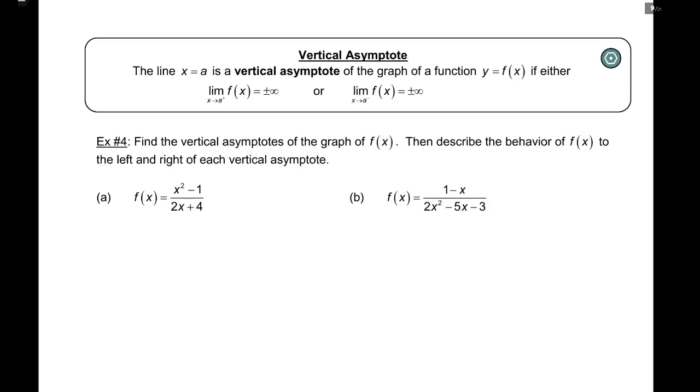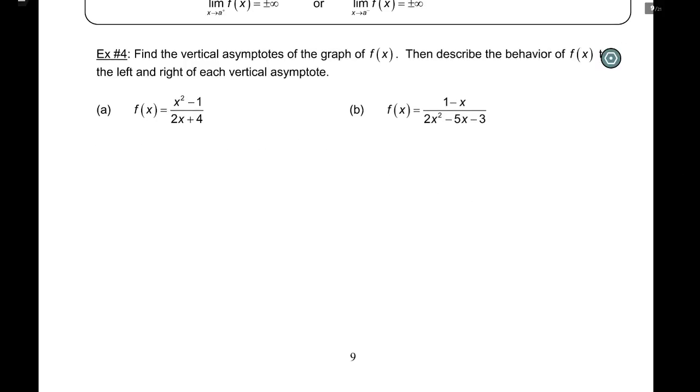Okay, vertical asymptote. On that paper I gave you are the steps to finding vertical asymptotes. First we simplify, then look at the denominator and set it equal to 0. Always remember that step of simplifying in case there's a removable discontinuity. Here, we factor the denominator.